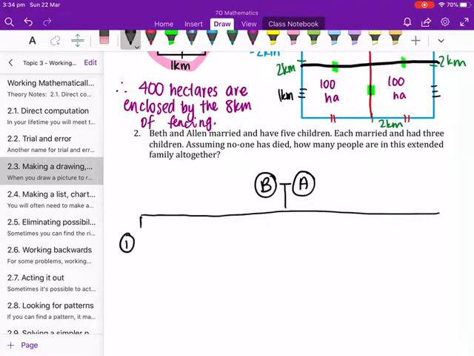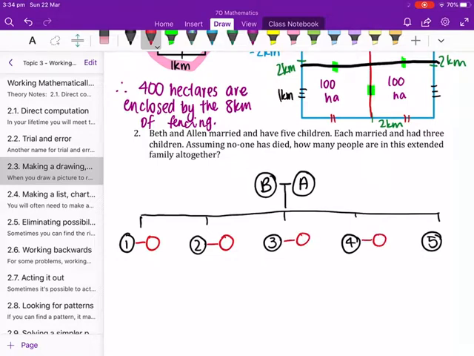So our first one, that's baby number 1, baby number 2, baby number 3, baby number 4, and baby number 5. Now it says that each of these children married. So they're all married together.